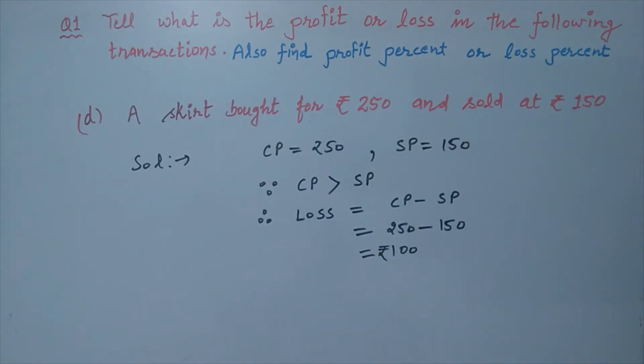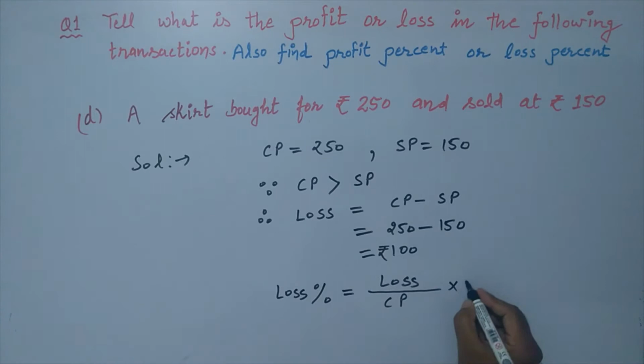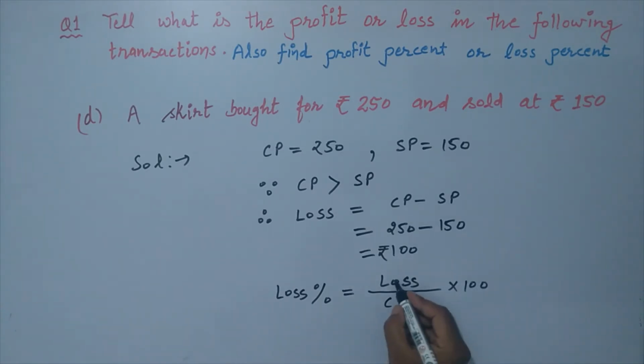Now what is the loss percent? We write the formula first. Loss percent formula is loss divide cost price into 100. Now we substitute the value. Loss is 100 divide cost price is 250 into 100.